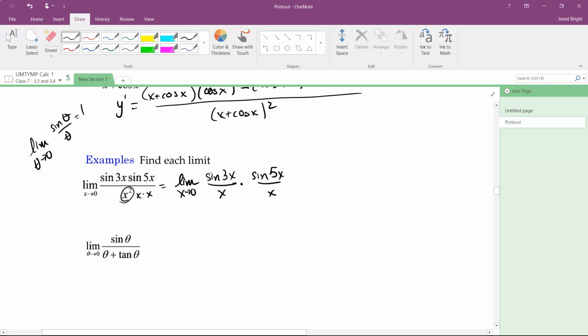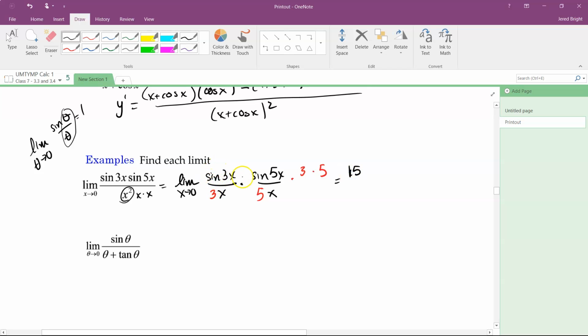Now what would be really nice is I notice that these thetas have to be the same. So that means I need a 3 and a 5 here. But if I introduce them in the denominator, I also need them in the numerator. So this would be times 3 times 5. Okay, and I can do that because it's effectively multiplying by 1. Then 3 times 5 is 15. That can come outside the limit.